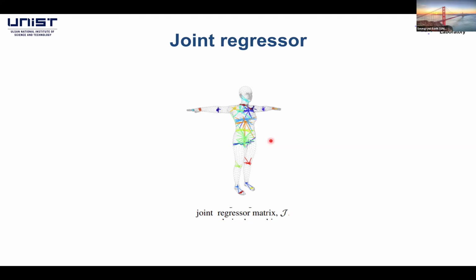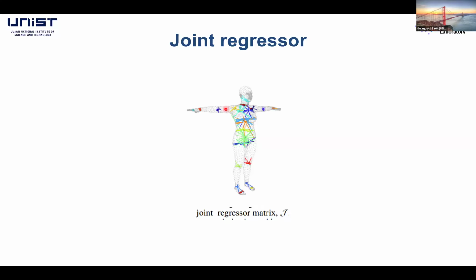This type of point, we already define as joints. So we want to connect the relationship between the joints and the SMPL mesh, which has 6,800 vertices. We want to know the relationship between vertices and joints. So SMPL explicitly trains this joint regressor that can map joint locations from the SMPL vertices.